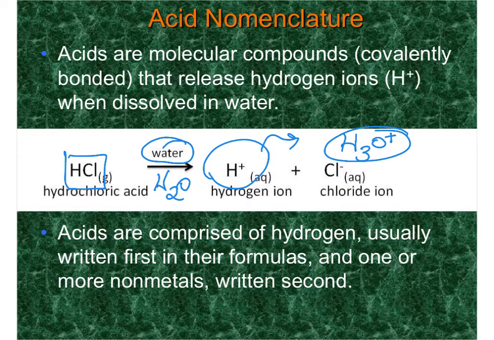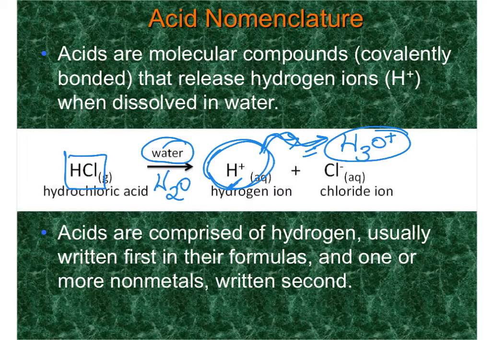That's actually a polyatomic ion. So when you see the naked hydrogen ion, it is considered by chemists to be equivalent to the hydronium ion. All right, so again, an acid is something that produces hydronium or hydrogen ions.